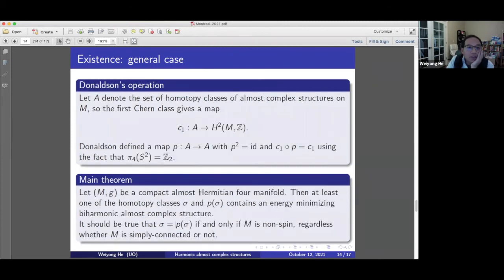So we'll mention a little bit about what's happening when the simply connected assumption is dropped. We will go through Donaldson's operation to see why this topology comes into play. Donaldson constructed this operation on homotopy classes of almost complex structures. The construction is such that its square is the identity, and it preserves C1.